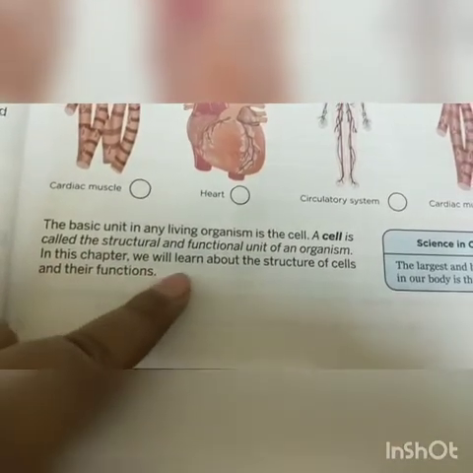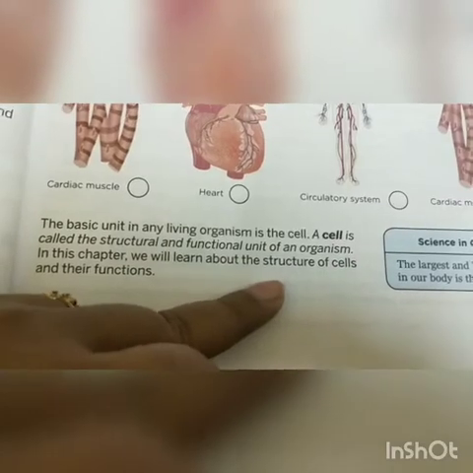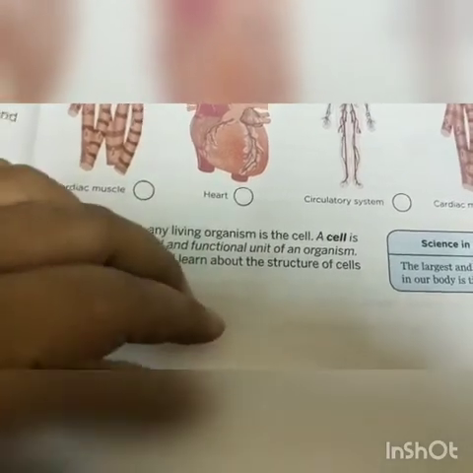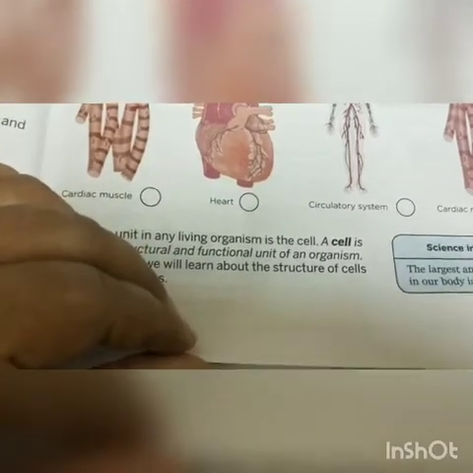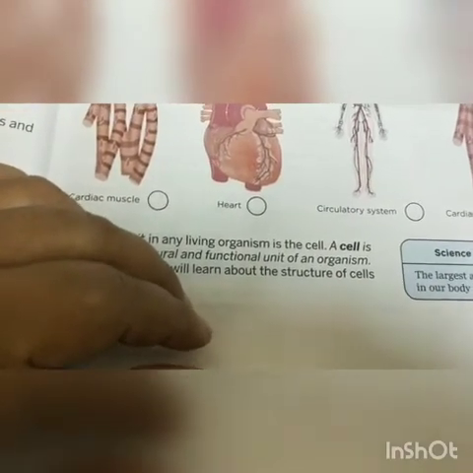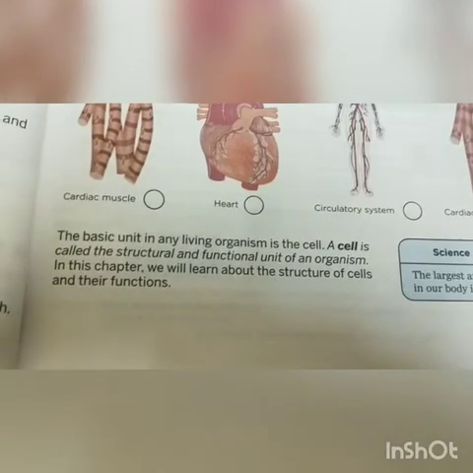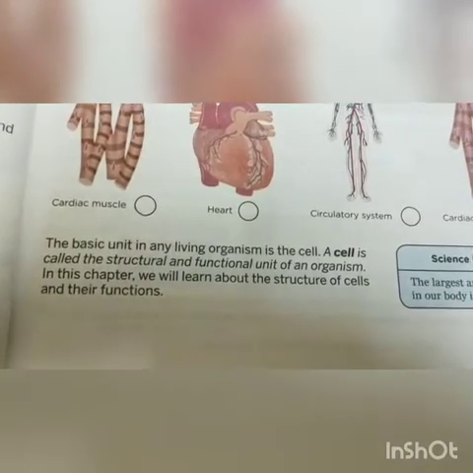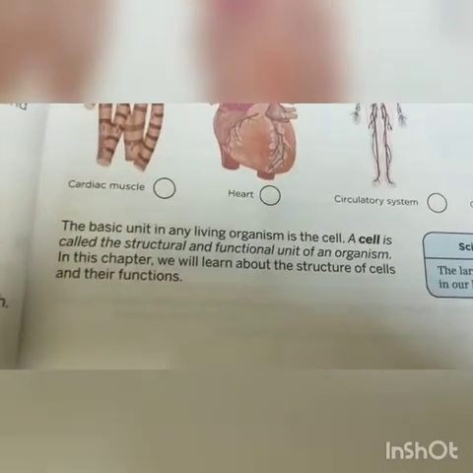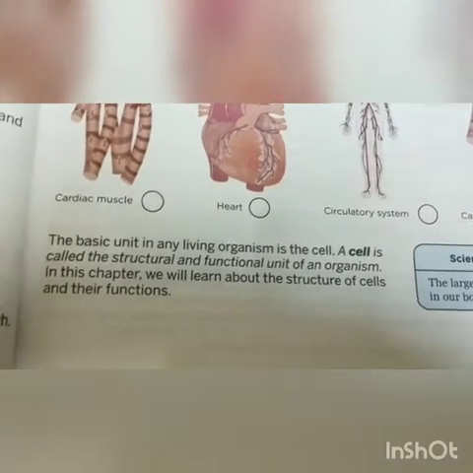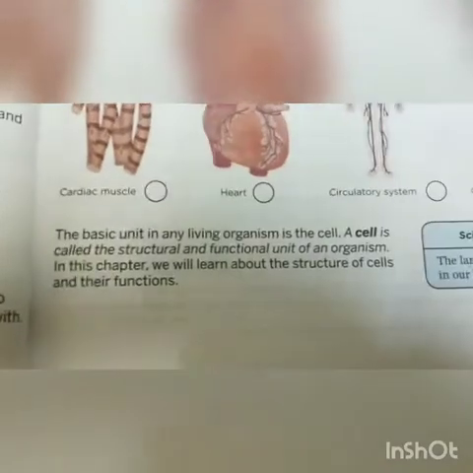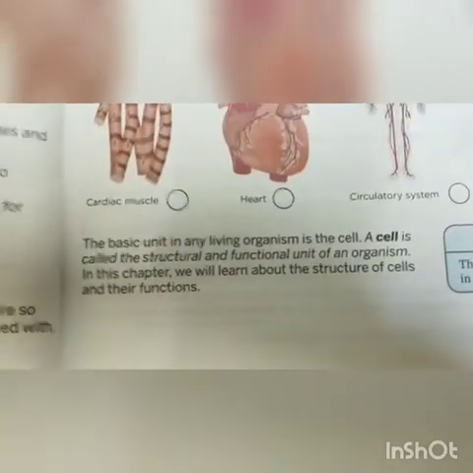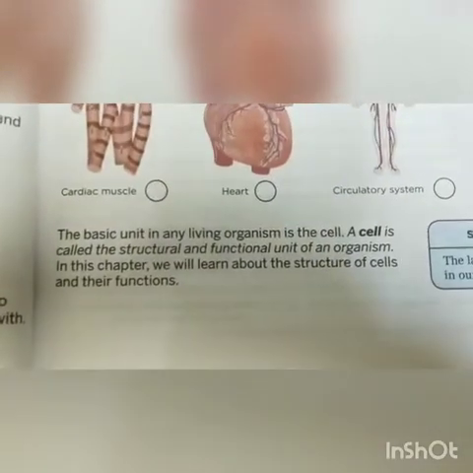In this chapter, we will learn about the structure of cells and their function. Yes, cell is the structural and functional unit of all living organisms, but a cell also has its own structure and different functions inside it. Means different organelles, very small different parts, are present inside one cell.